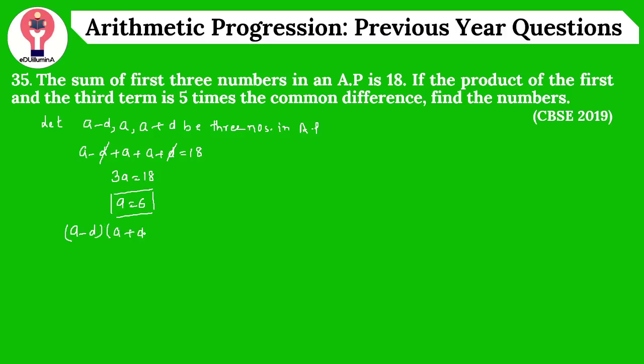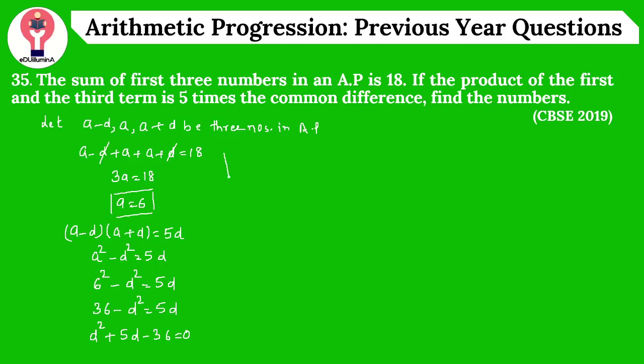So their product is equal to 5 times the common difference, that is 5 into d. Now it becomes an identity, so a square minus d square is equal to 5d. With a as 6, 6 square minus d square is equal to 5d. 6 square is 36 minus d square is equal to 5d. So after simplification we get a quadratic equation, d square plus 5d minus 36 equal to 0.